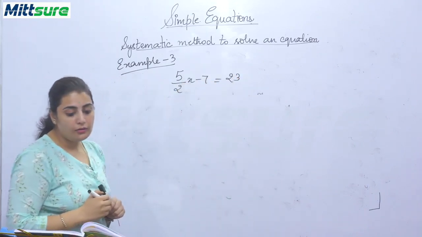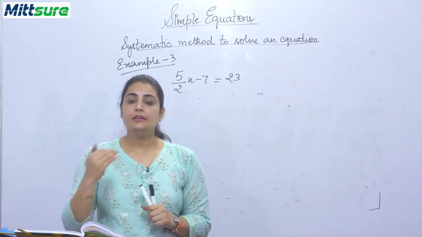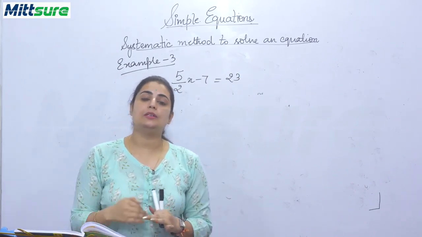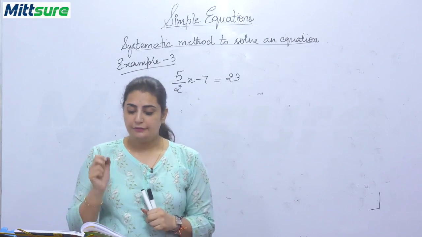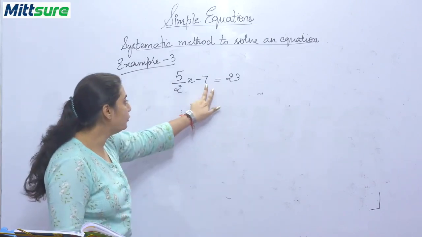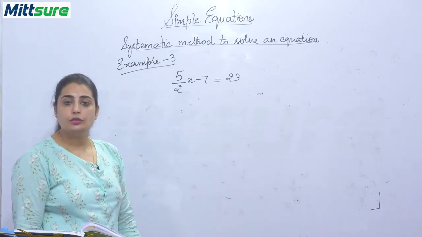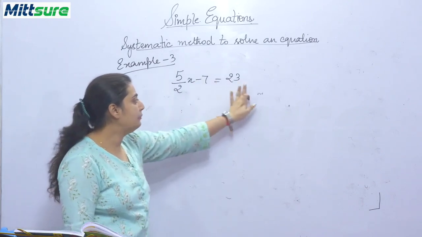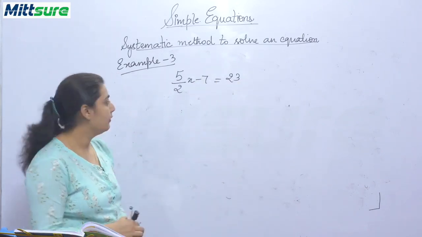Right. Now here what is happening? We will be solving this equation in different steps. First of all, I want to remove this 7. So what I will do? I will add 7 to both the sides.